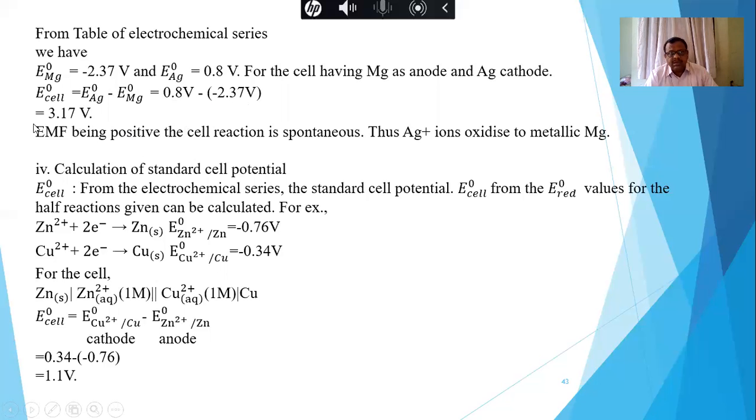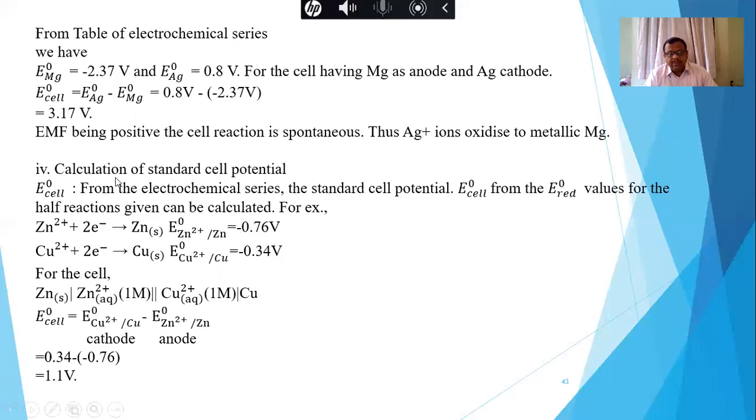The answer will be 3.17 volt. So the EMF being positive, the cell reaction is spontaneous. Thus, Ag plus ions can oxidize metallic Mg.